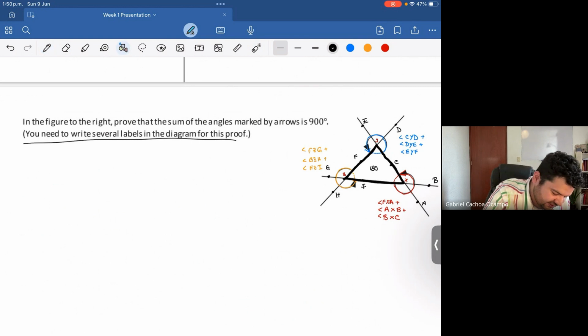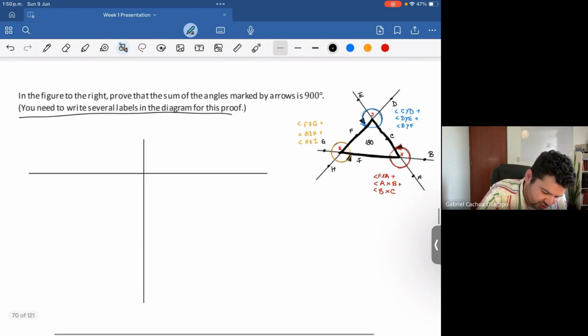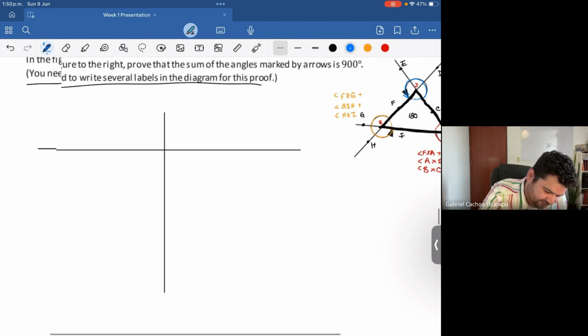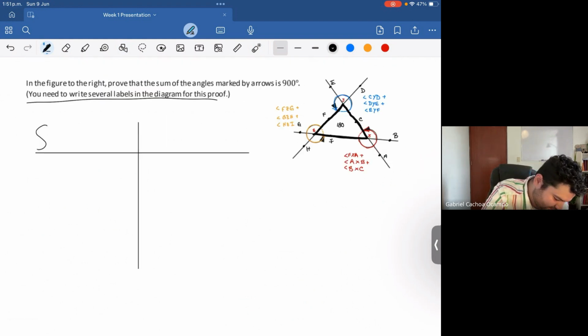This one is tough. Okay, so I'm going to write it in each color. Statement and reason.